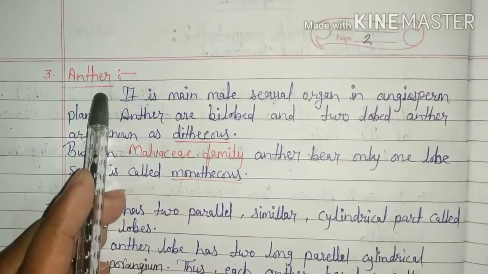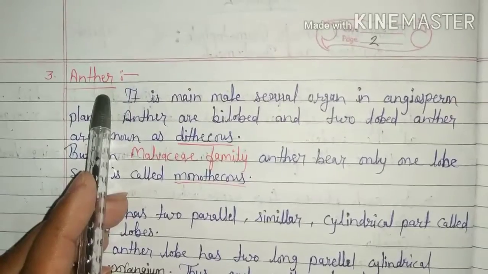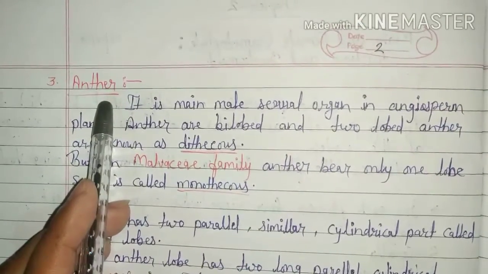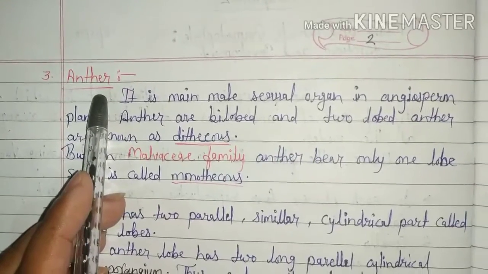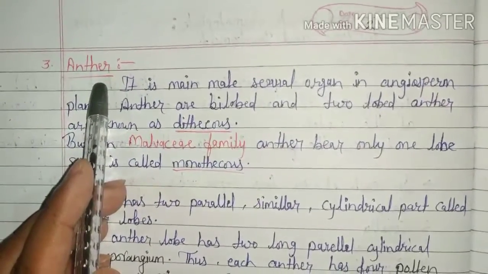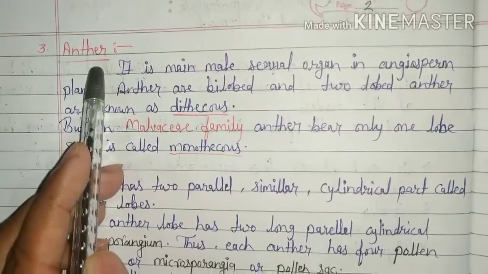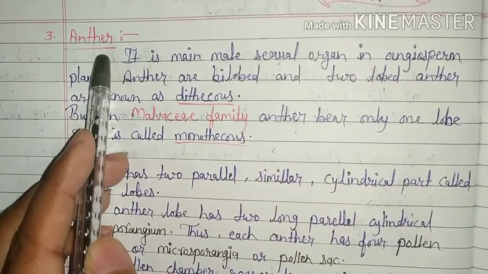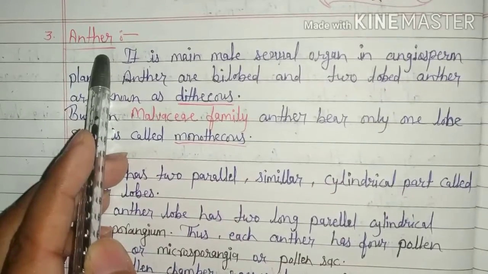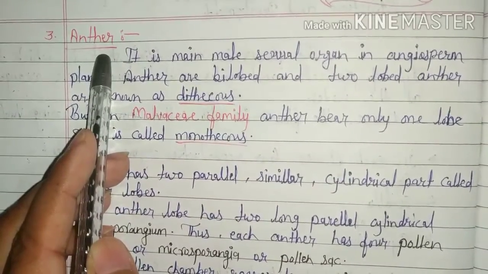Each pollen chamber represents a microsporangium and is filled with a large number of pollen grains or microspores. Pollen grains or microspores are called male gametes. Thus, a typical anther consists of 4 microsporangia or 4 pollen chambers.